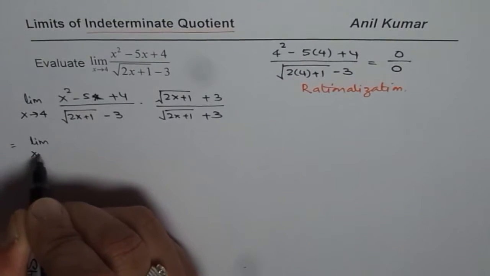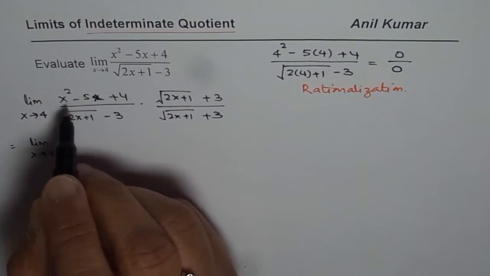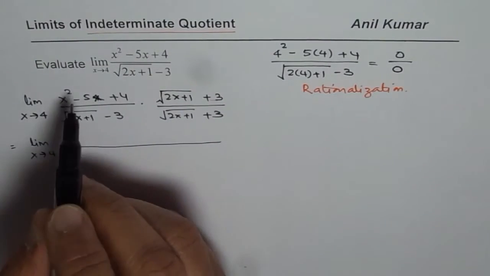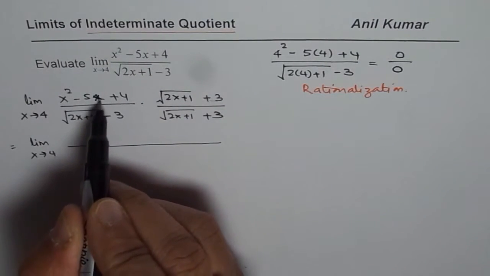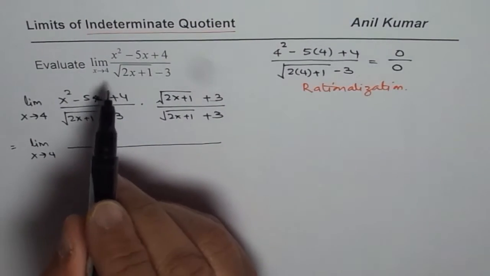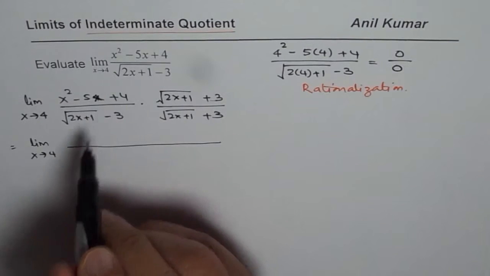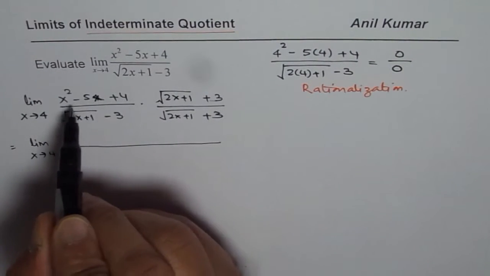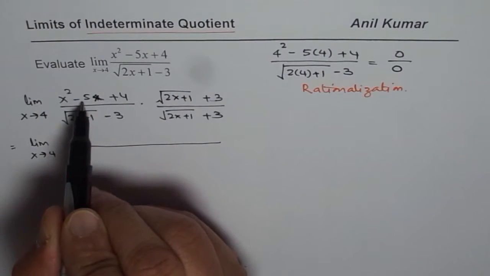You get limit x approaches 4. As far as the numerator is concerned, we'll keep this part as such, but we can factor the quadratic part. Remember, the quadratic part was 0 for x equals 4. That means x minus 4 is a factor, right? Now we are looking for two numbers whose product is 4 and sum is minus 5.